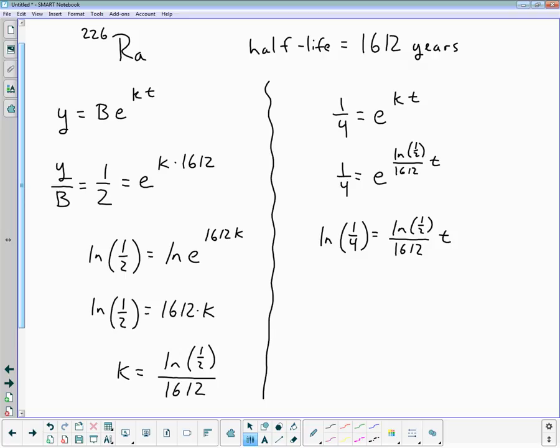Now, at this point, there is some basic logarithmic algebra that will make your life a little easier. Realize what you have here.